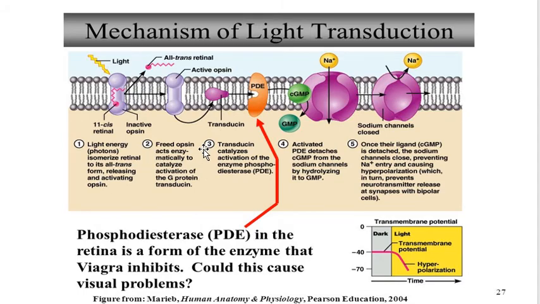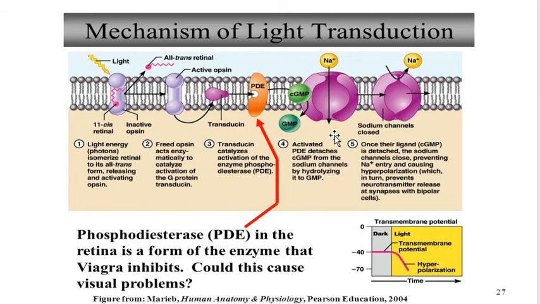Secondly, this freed opsin acts enzymatically to catalyze activation of the G protein. To be specific, the alpha part of this G protein, the transducin in the rod, goes on to activate PDE. Once PDE is activated, it detaches cGMP from the sodium channels by hydrolyzing it to GMP.